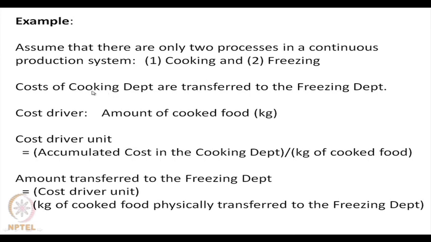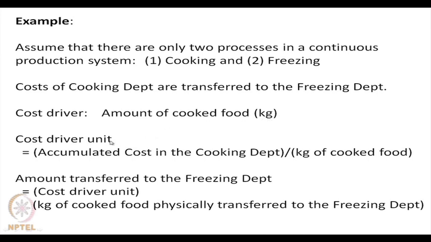The costs of the cooking department are transferred to the freezing department as well when the goods are transferred. Here we are assuming that the cost allocation base or cost driver is the amount of cooked food in kilograms.